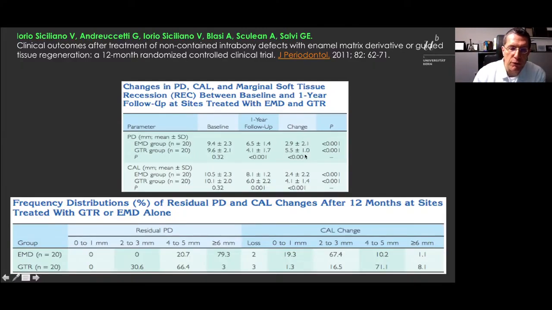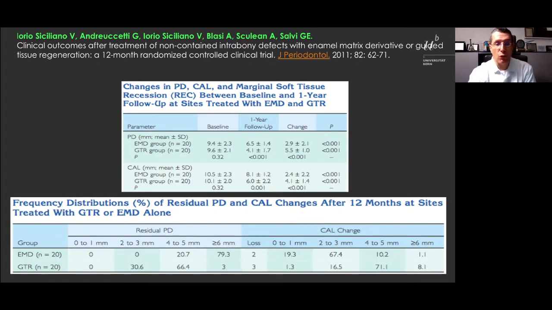If you look now at the clinical attachment level, we see that the gain amounted to 2.4 millimeters in the EMD group because we had more collapse of the flap, and 4.1 millimeters in the titanium reinforced group. Okay, so almost double the value.